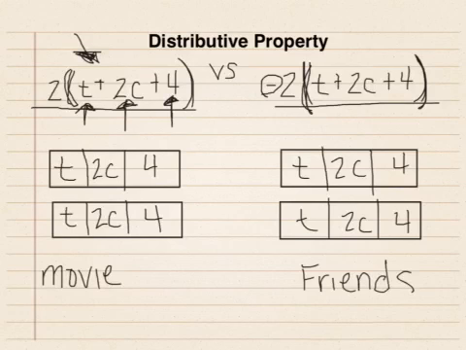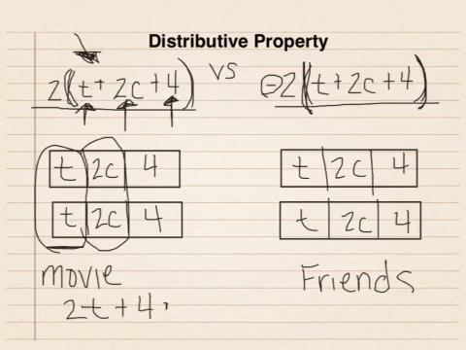And so now with using the distributive property, we would be able to see that we have 2 groups of T, 2T, plus we would have 2 groups of 2C, so we would have 4 groups of C, plus 2 groups of 4, which is 8.